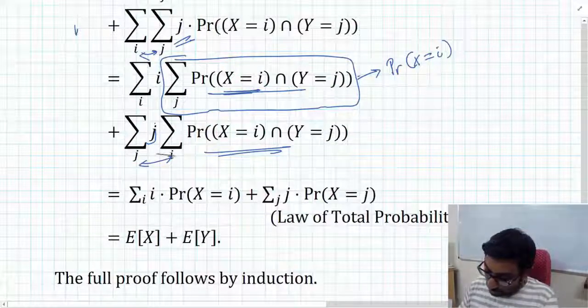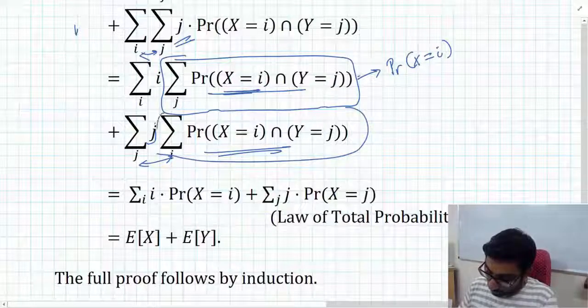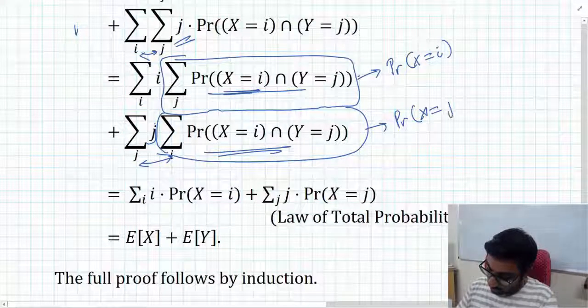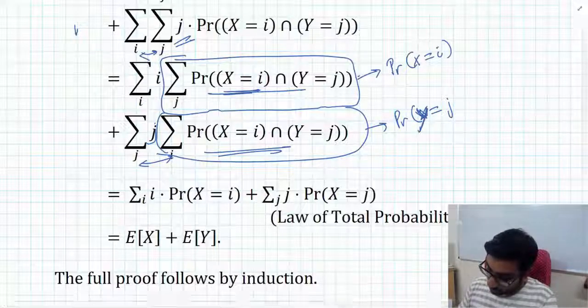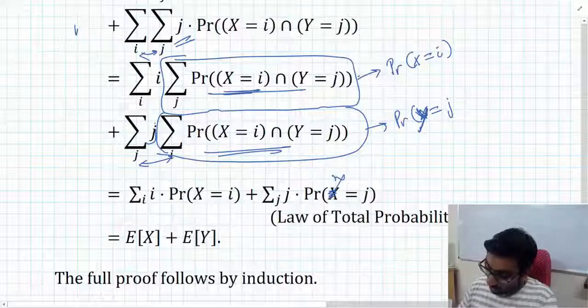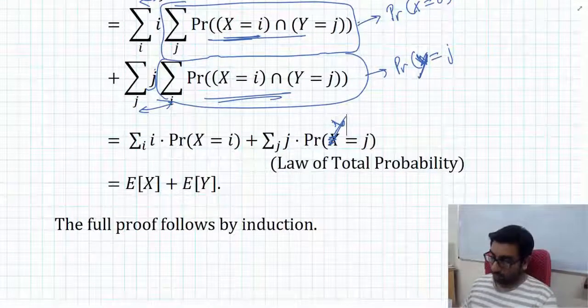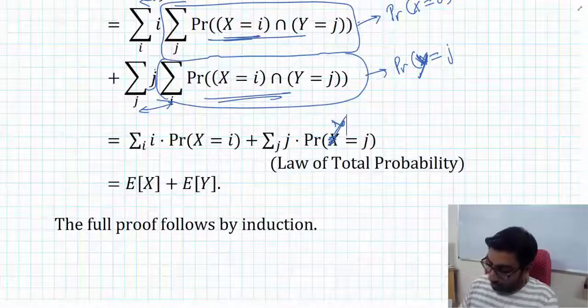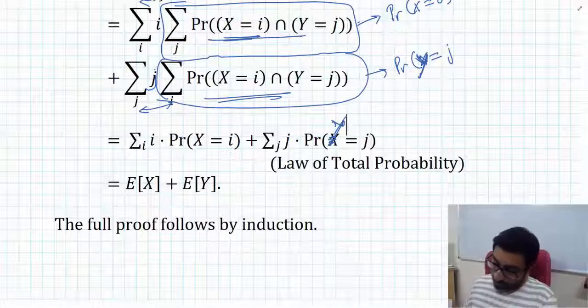And in similar fashion, this whole term becomes the probability that Y equals j, by applying the law of total probability.